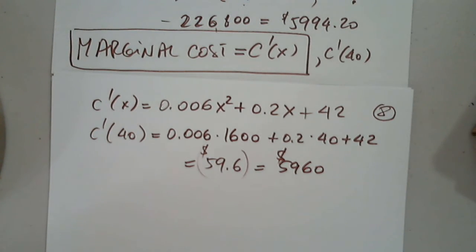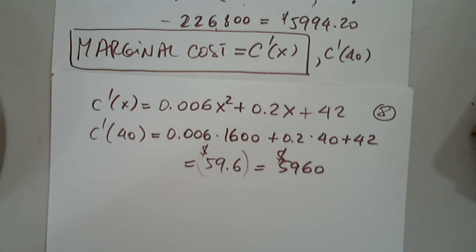Okay, perfect. Last question. I think there is one more. There must be. Use marginal cost to estimate the daily cost of increasing production to 42. So now this is an estimate. When we're asked to find exact, we have to find delta y.